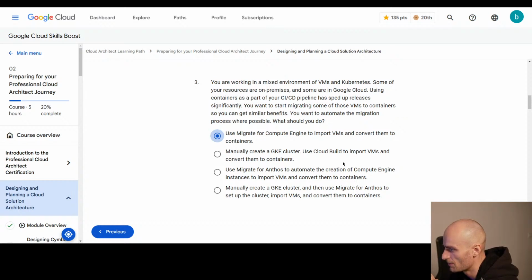What should you do? You want to automate the migration process where possible. Okay, so there's two times this manually create a GKE cluster.